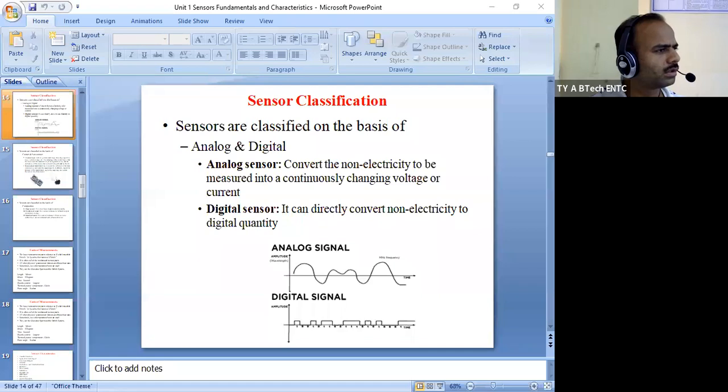Are you able to download the data sheet of a temperature sensor, of a diode, of a particular company's resistor of 100 ohm, 1 ohm? The data sheet is important because it explains all the parameters associated with that particular electronic component.